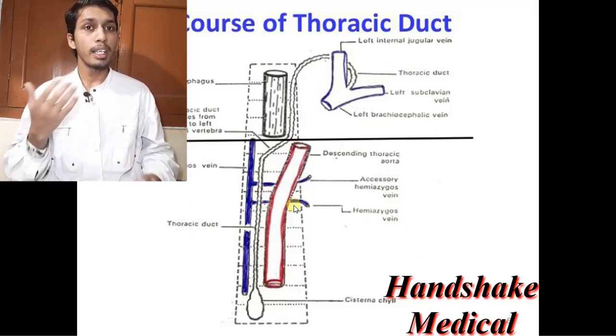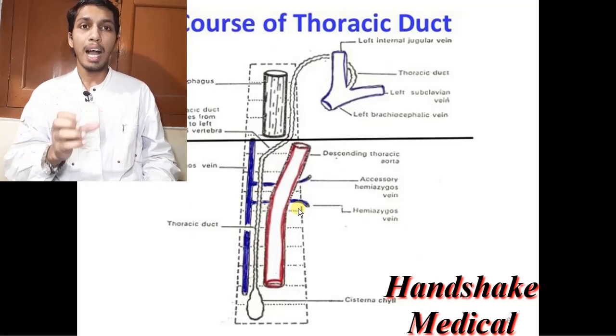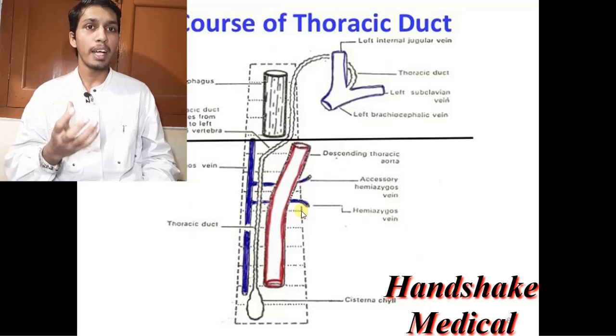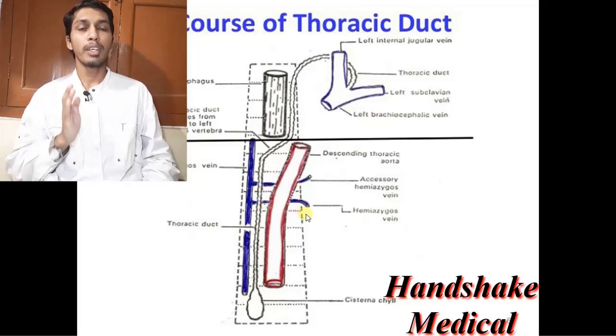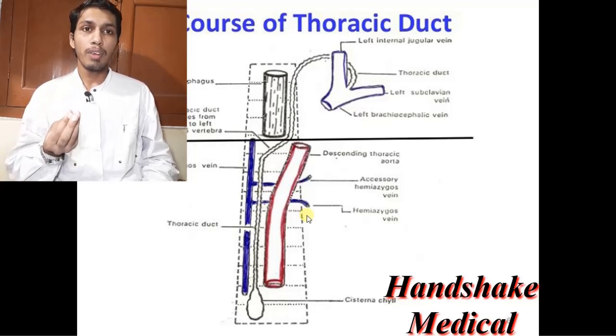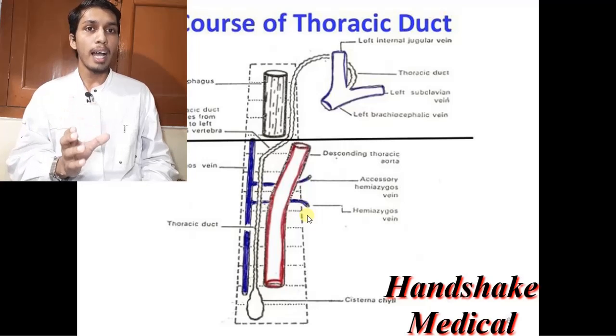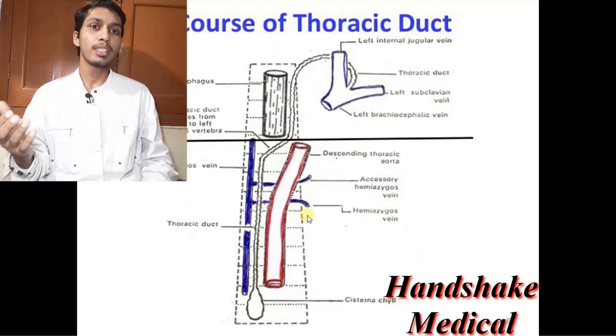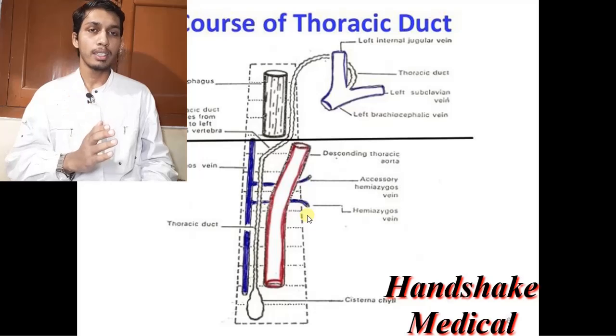Now when the thoracic duct bursts, the chyle, the product of fat digestion flowing in the thoracic duct, as it is passing through the thorax, reaches the thorax region, known as chyle in thorax, or chylothorax.